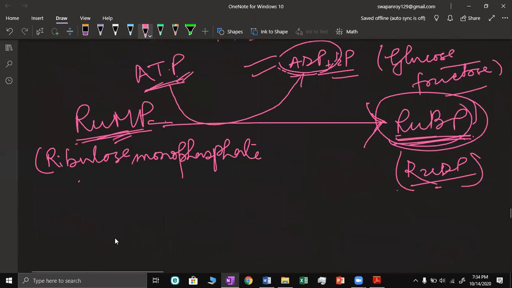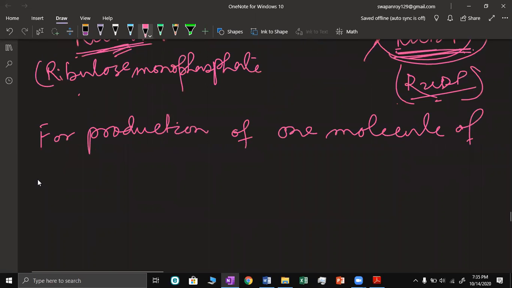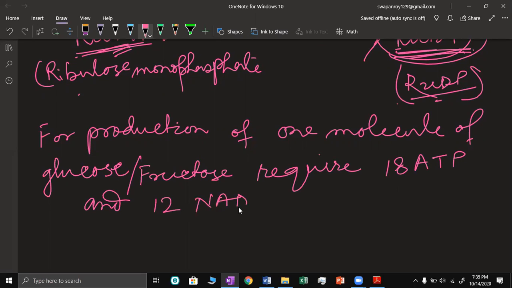So for the production of 1 molecule of glucose or fructose, this is called hexose sugar, it requires 18 ATP and 12 NADPH2 and 6 molecules of carbon dioxide.